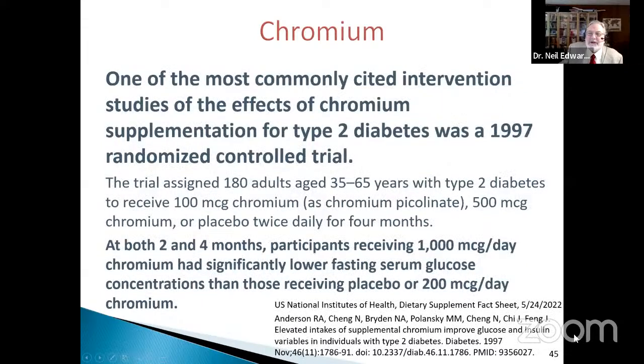And this is probably the most commonly cited study in the journal Diabetes of chromium supplementation for type 2 diabetes. Adults were given two different doses of chromium picolinate for 2 to 4 months. And the ones who received 1,000 micrograms a day of this form of chromium had significantly lower fasting serum glucose concentrations than placebo or even the 200 microgram, which is somewhat common in multiple vitamins.